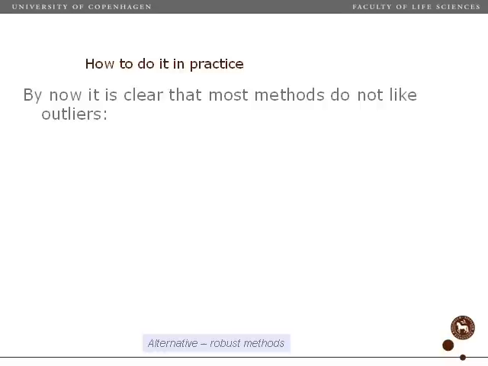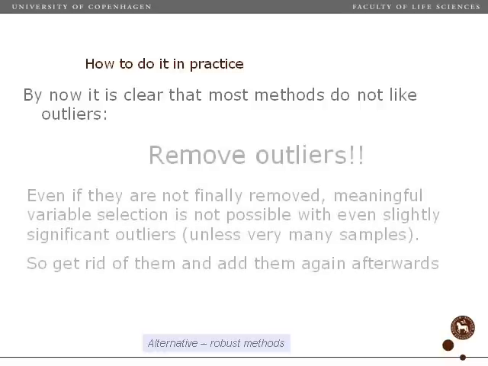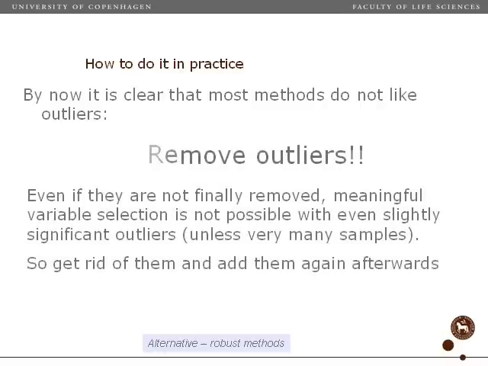Another important aspect when you do variable selection is to remove outliers. It's especially important because many variable selection methods are based on statistical properties of the model, and these can be completely misleading when you have outliers in your data.